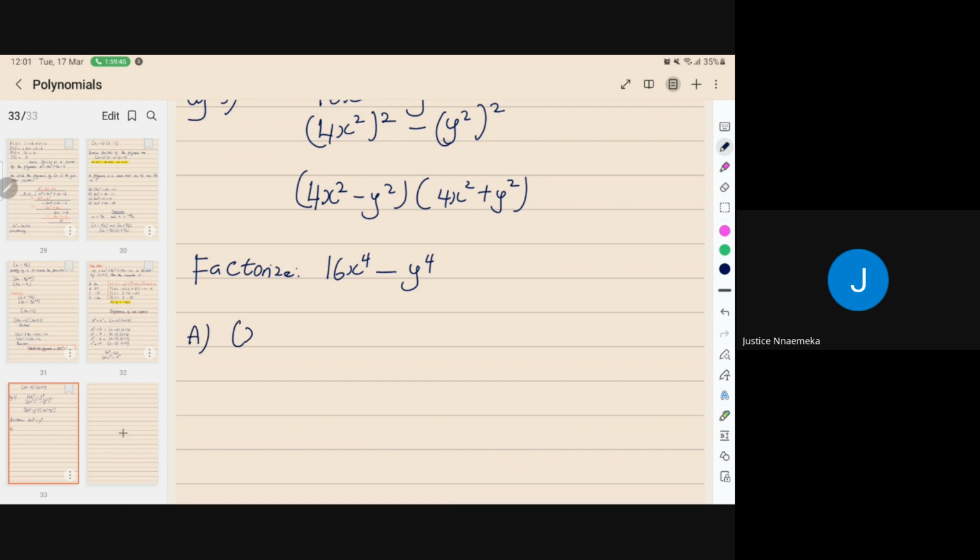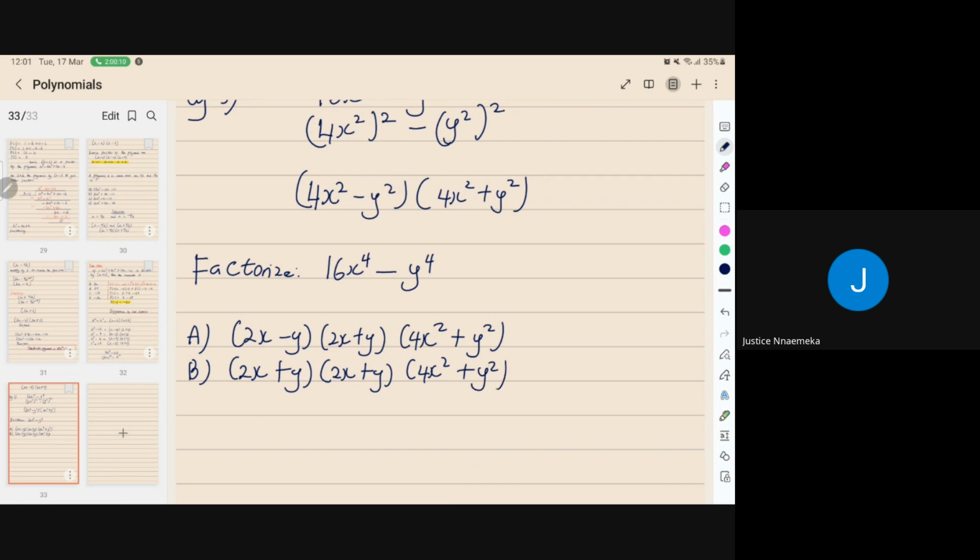Option A, just try it and send it on the group. This is (2x plus y), then (4x squared plus y squared). The B part is (2x plus y), (2x plus y), then (4x squared plus y squared). The C part is (2x minus y), (2x minus y), (4x squared plus y squared).